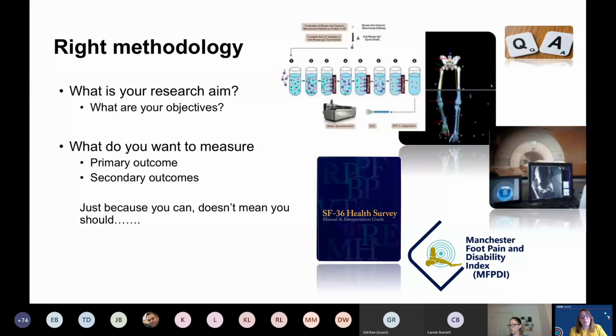For example, one of our PhD students at the School of Healthcare is looking at how people make the decisions that something is infected or not, and do different clinicians make different decisions? So it's important that you have a research aim, and the research aim generally tends to be a wider aim of the whole group, and then it's broken down into smaller objectives.